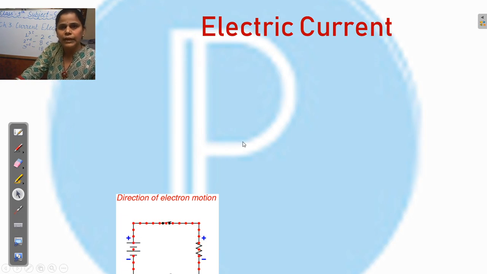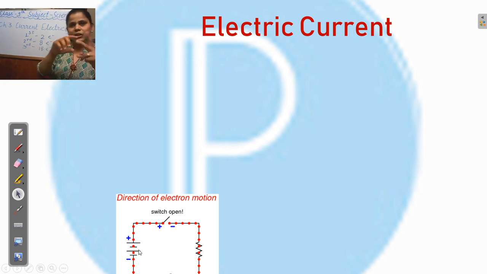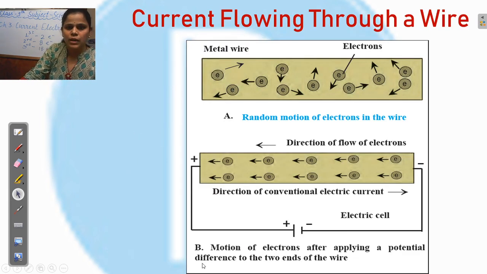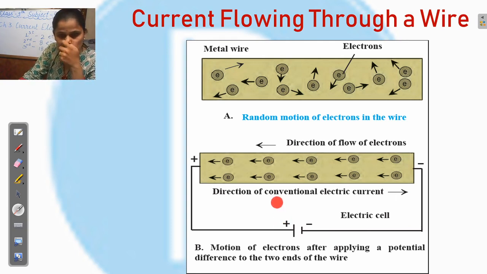So let's see the electric current. What is the electric current, students? Just observe this picture. Here this conducting wire is connected to the cell. Any cell has 2 terminals, positive and negative. So when we connect this conducting wire through the cell, an electric force is applied on it.